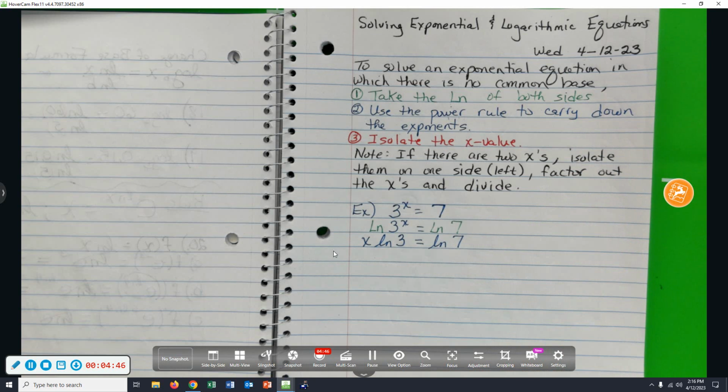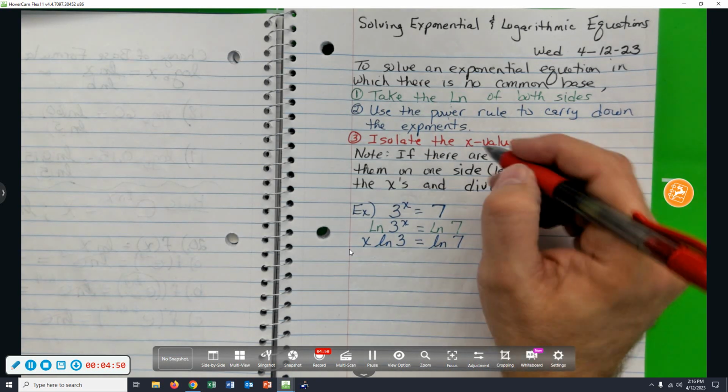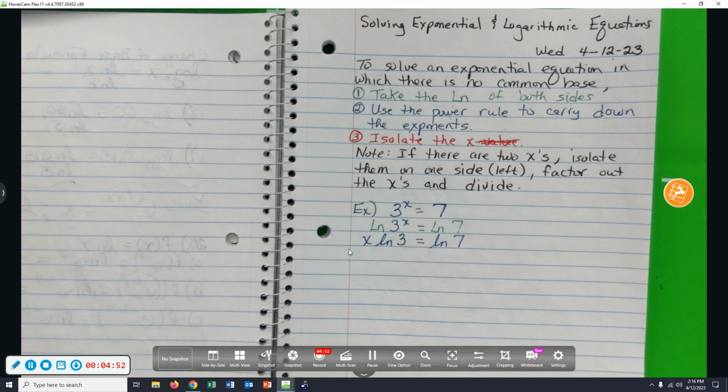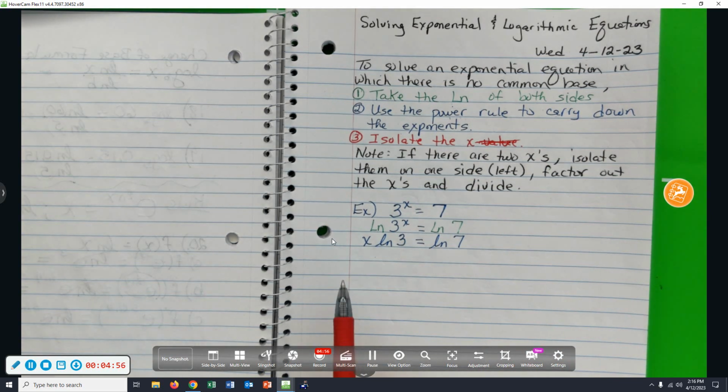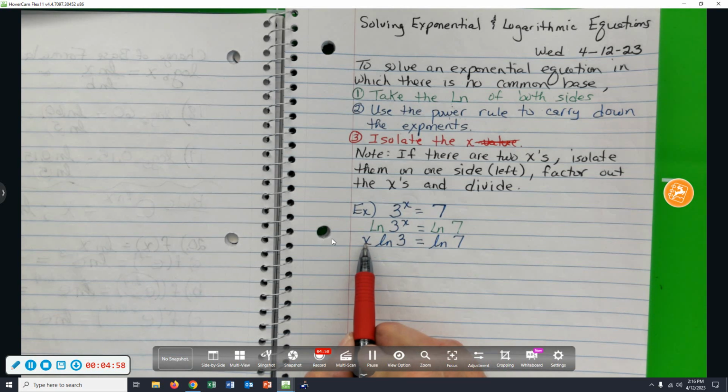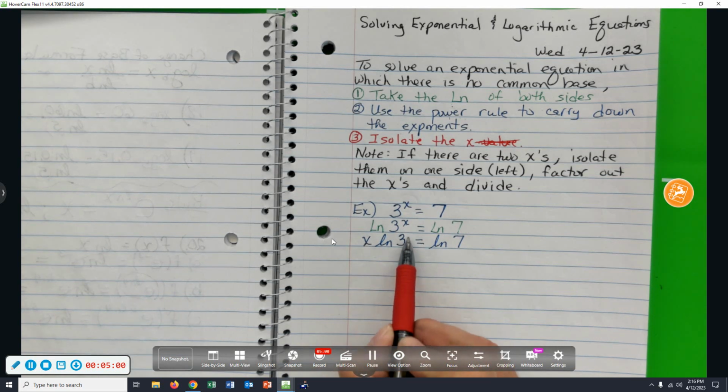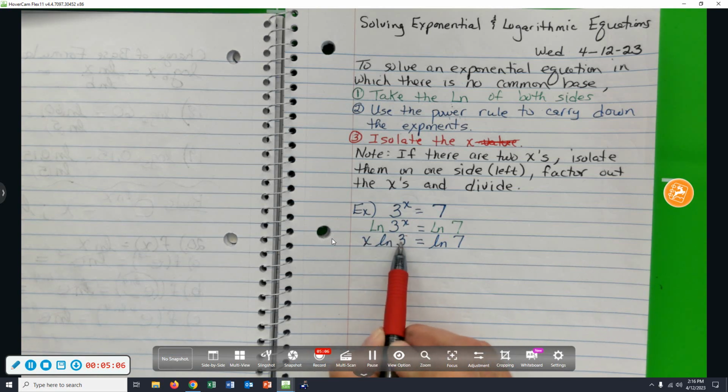We've got to isolate the x. You know what? It'd look better if I just said isolate the x. There. How would I isolate this x? The operation that's going on here between x and this decimal number ln 3 is multiplication. What can I do to both sides?